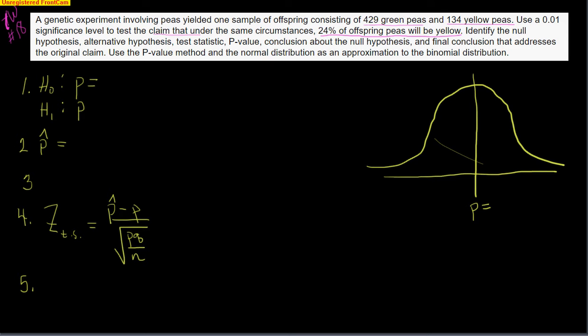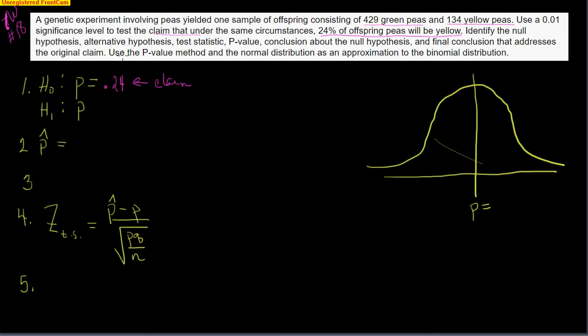So in this case, the claim is that 24% of offspring will be yellow, not more than or less than. So in this case, we now have a two-tailed test. Our null hypothesis is always an equality, so now the claim is going right here.